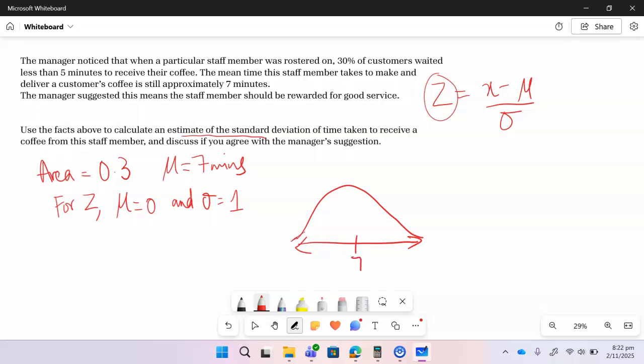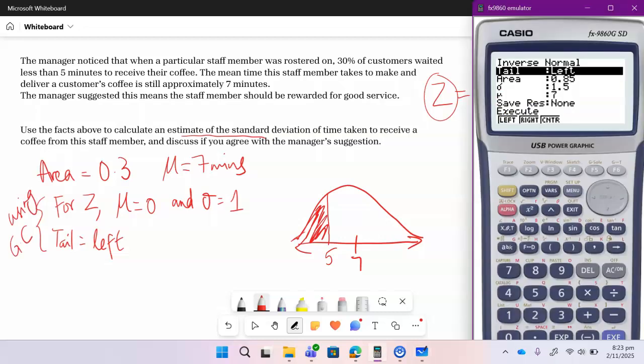Apparently the customers waited less than 5 minutes, so the tail would be on the left. You could say this as part of your working using the graphics calculator. Let's go ahead and enter those.